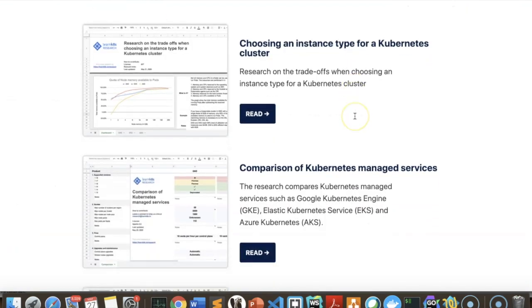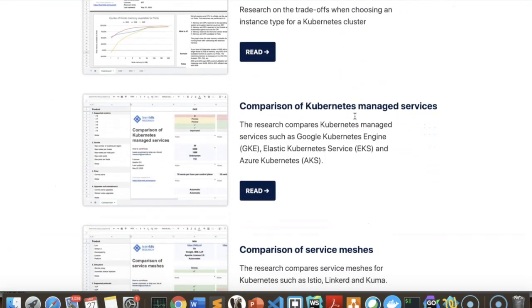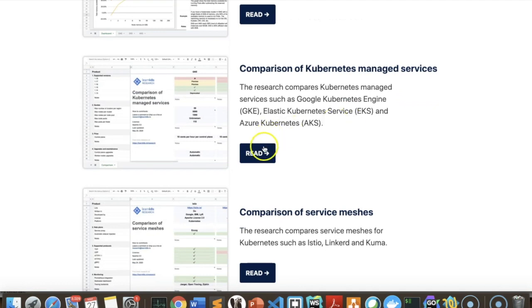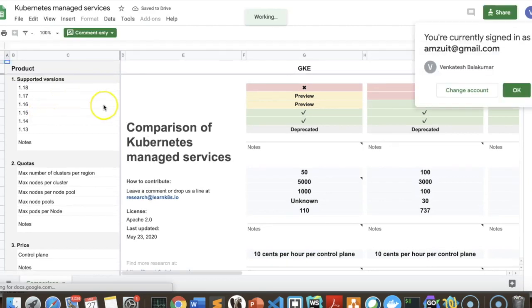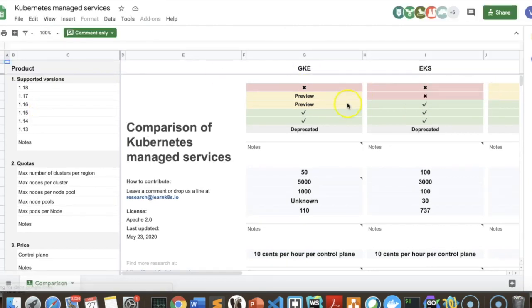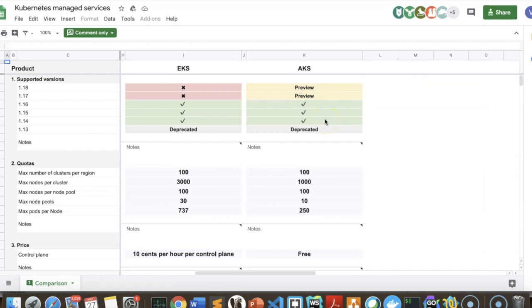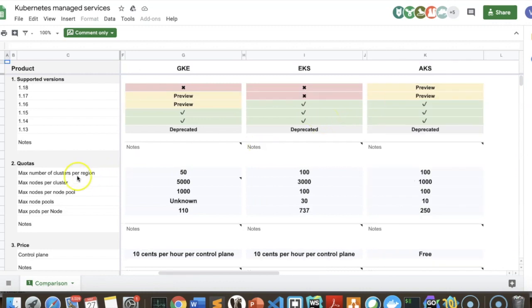Next one is the comparison of Kubernetes managed services. We'll quickly go through this. So you can see what's the supported version each of the service providers actually support, and what kind of features they support.